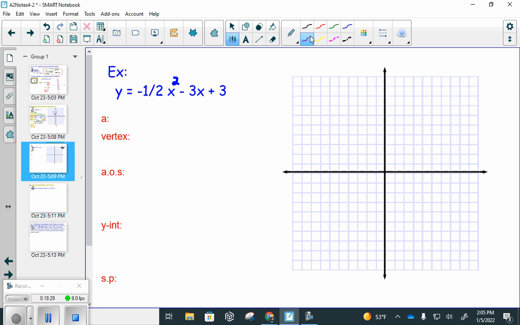Okay, we'll start with the A. The first graphing criteria. Well, let me back up.